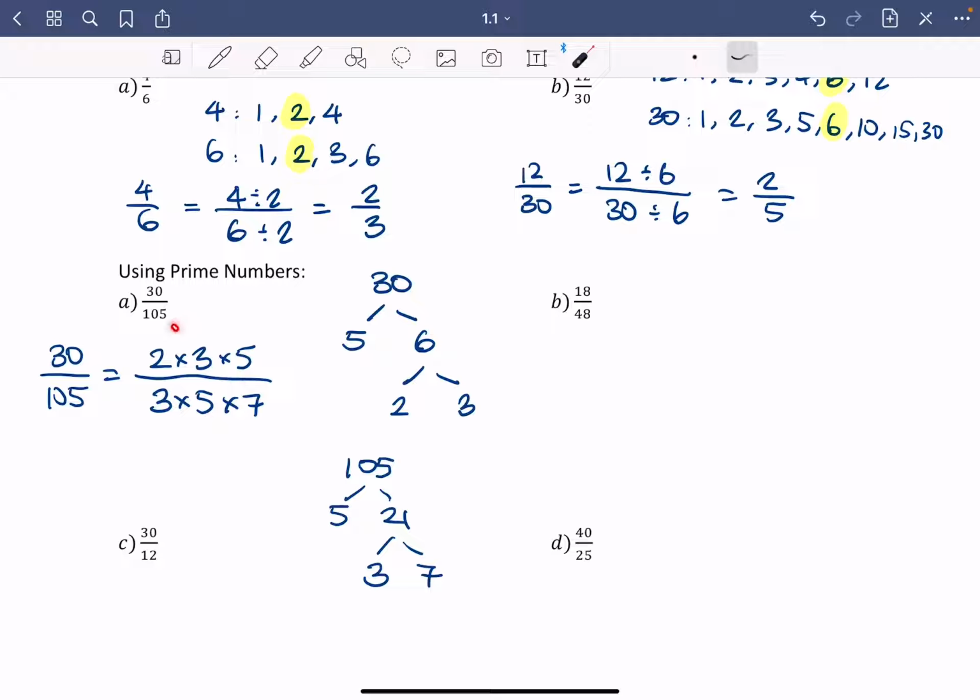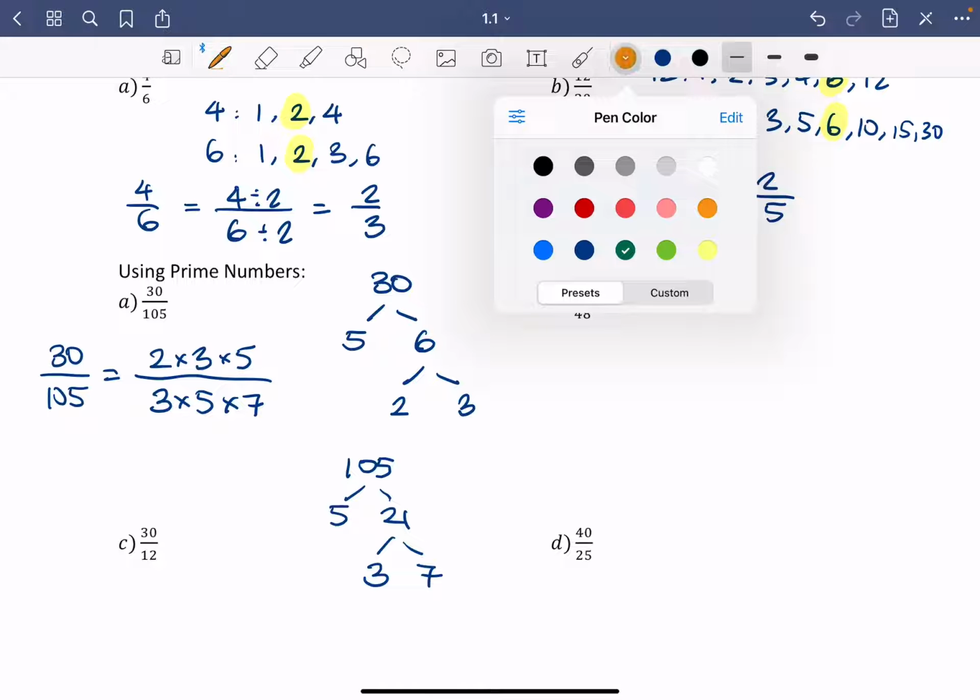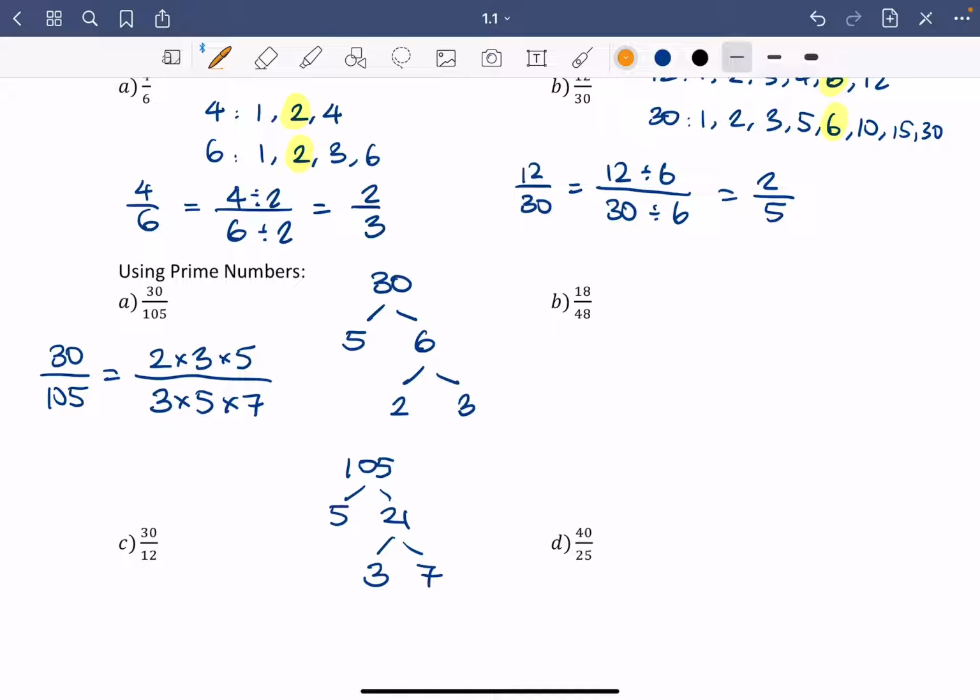Okay, what do you guys see here? We can see that 30 is the product of these three numbers, and 105 is a product of these three numbers. So now, because we have a few factors in common, we can actually cancel them.